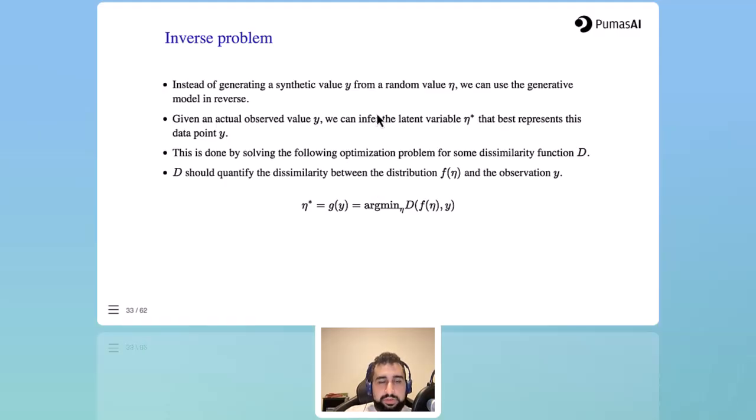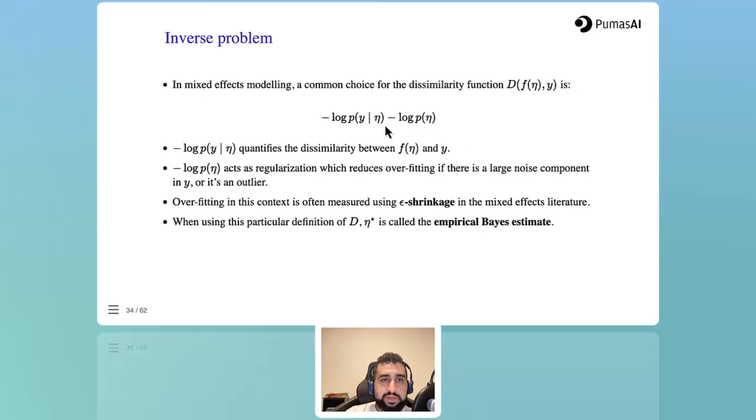So this here is what we call the inverse problem. Now, d could basically be any dissimilarity function, but we will discuss a very specific one that's very commonly used in mixed effects modeling. And that's the negative of the log of the joint probability. The log doesn't actually change the semantics much. It's essentially 1 over the joint probability, right?